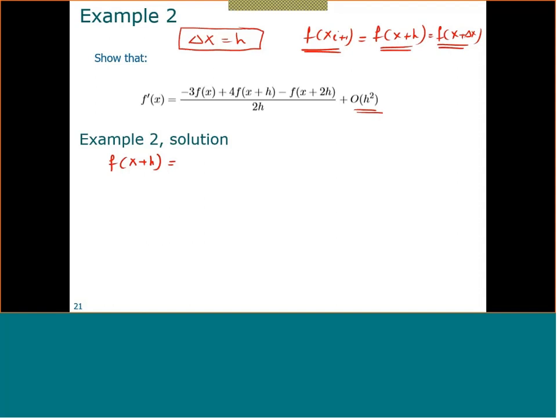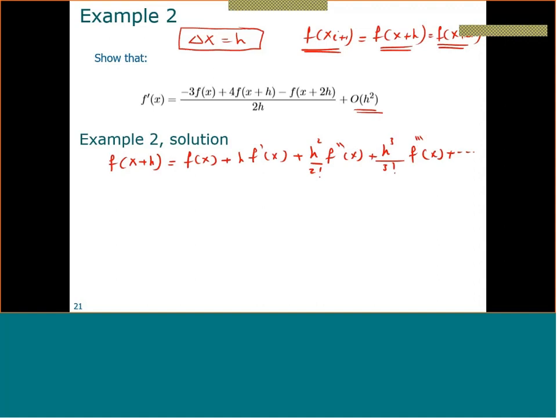So we know that this is now equal to f of x, which is the function at x, plus h f prime of x, plus h squared divided by 2 factorial f double prime of x, plus h cubed divided by 3 factorial f triple prime of x, plus etc. So this is the definition of the Taylor expansion that we use.